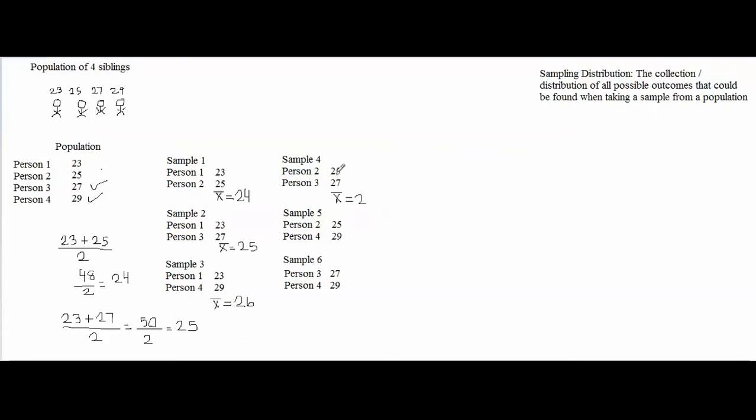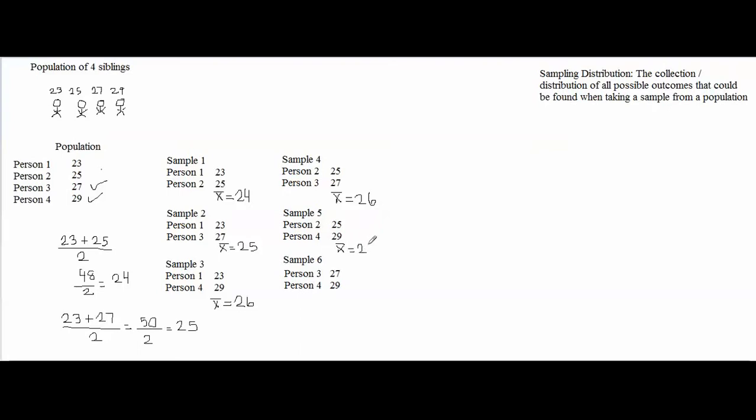Whenever you have 2 numbers that are 2 apart, the mean is just the number in between them. That's a shortcut you can remember. Actually, whenever you have 2 numbers like this, the mean is just the number halfway between them. So the mean will end up being 27 here.